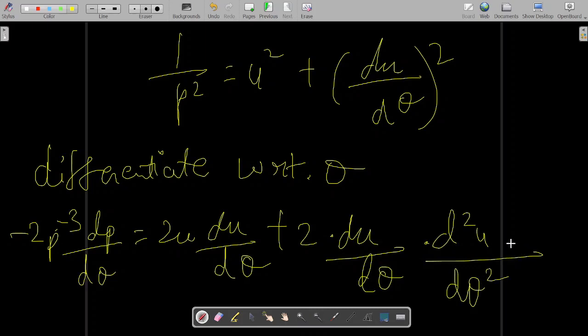How did you get this? You can clearly see this when you differentiate with respect to theta: this particular 2 will come forward, 2 minus 1 will happen, then du by d theta will occur. So it is common sense.